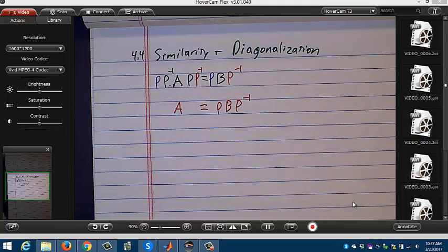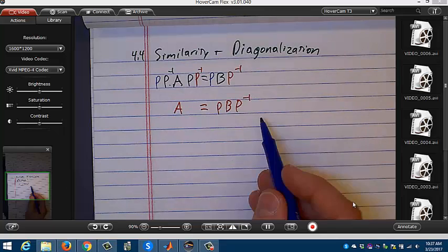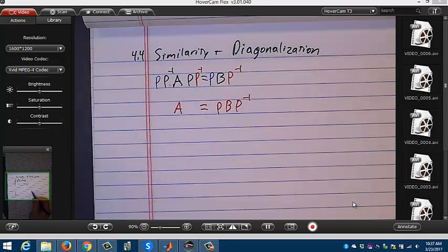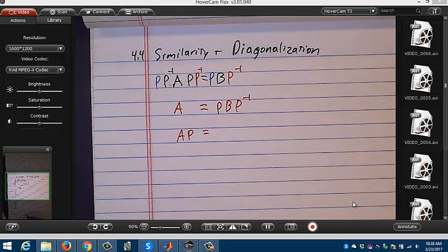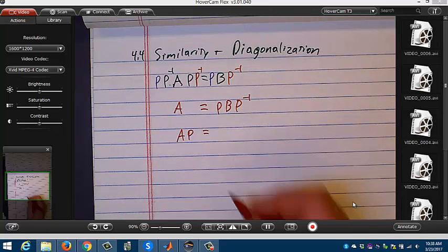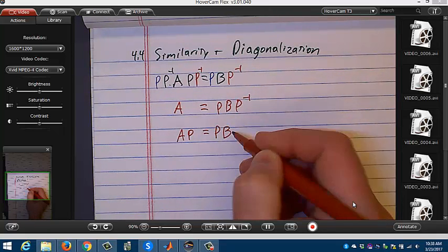Or, let me just do one of them. Let me take that red equation and multiply on the right by P. Then you get this equation, right? You can write AP is equal to what? PB. Peanut butter, PB, right?